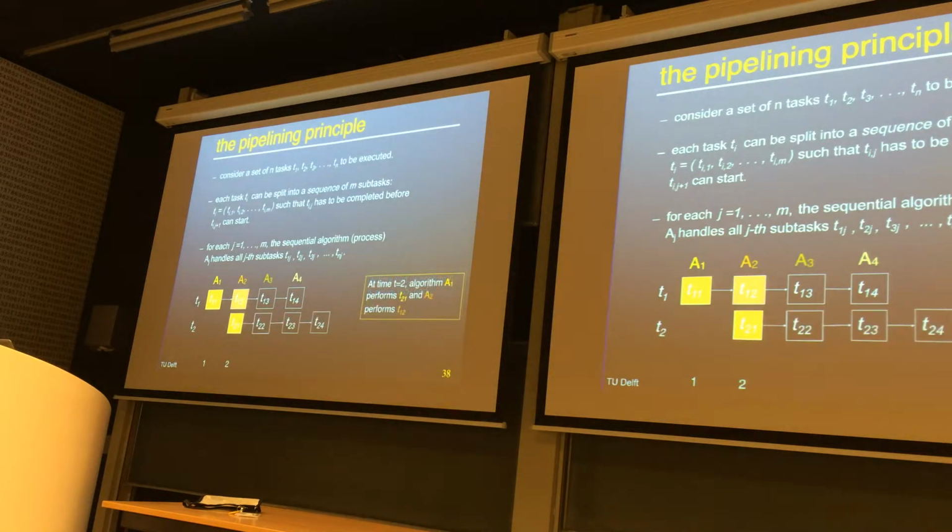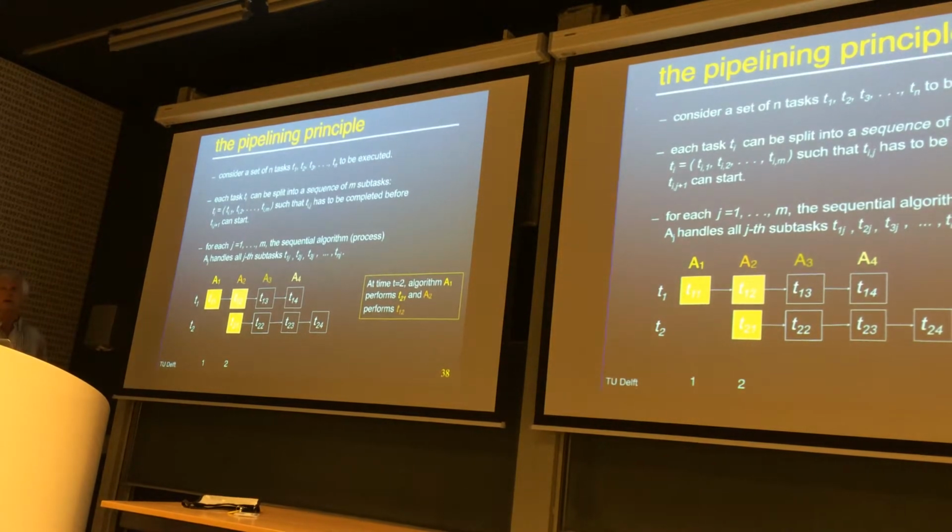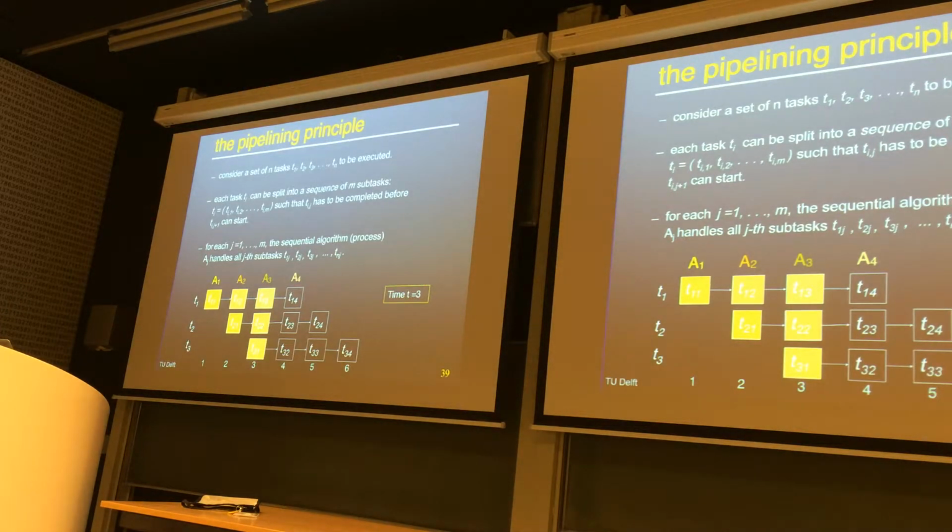So what we do is we give A1 the first subtask of the second task, and A2 already the second subtask of the first task. Yeah? And we continue, and then we give A1 the first subtask of the third task, and now A3 can start with the third subtask of the first task, and so on.